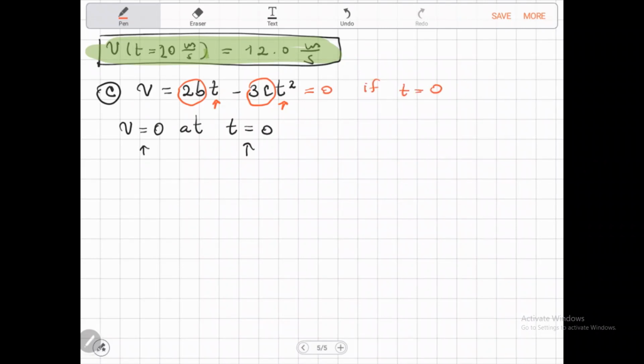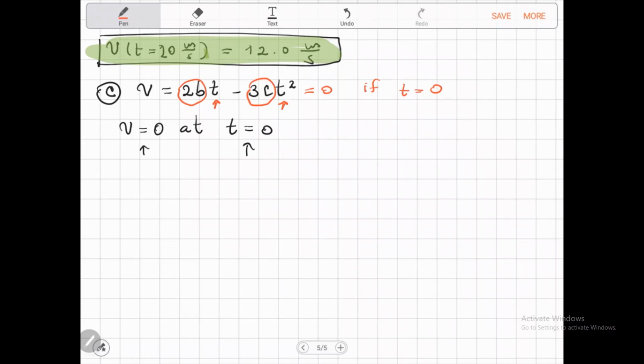Okay, that's what happens. But we have to evaluate this equation twice because this equation is a second order equation in the time. In another video, I am going to talk about second order equations.